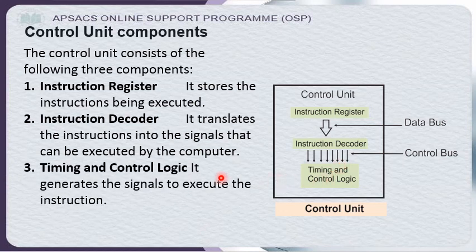The third component is timing and control logic. It generates the signals to execute the instruction. Whenever the instruction is decoded, then depending on the decoded instruction, control signals are generated.